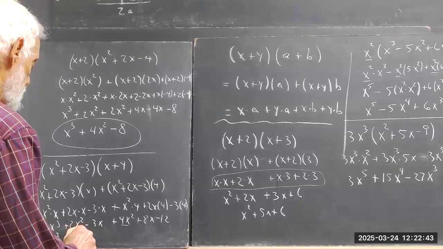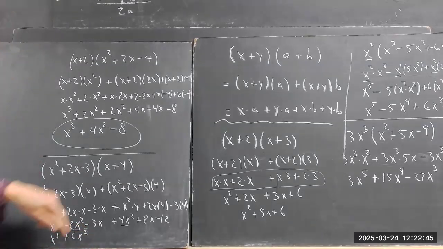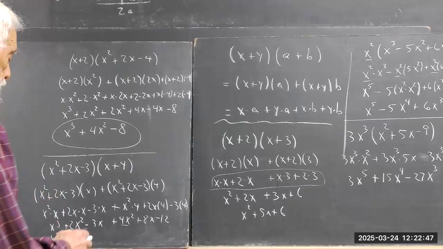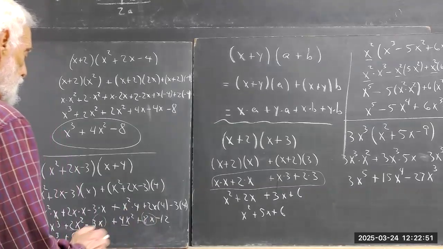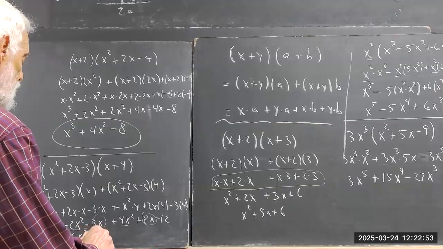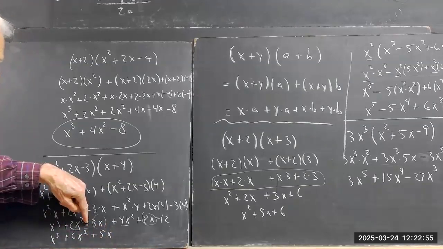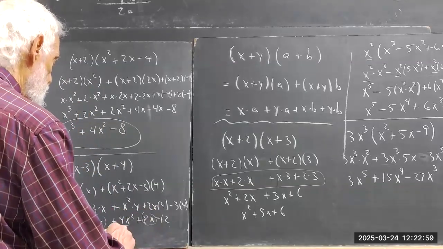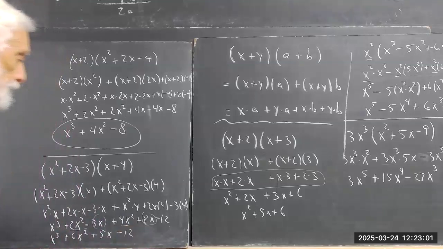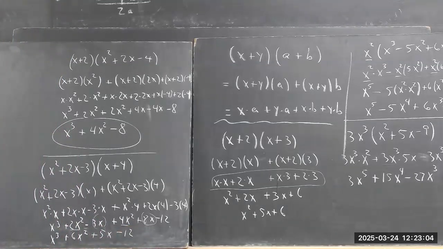And then we have a negative 3x and an 8x. So put a circle around that now. And that's going to add up to 5x. We have negative 3 of them, 8 of them. And then that just leaves us with a negative 12. Okay. And that's what I'll bet you will get.